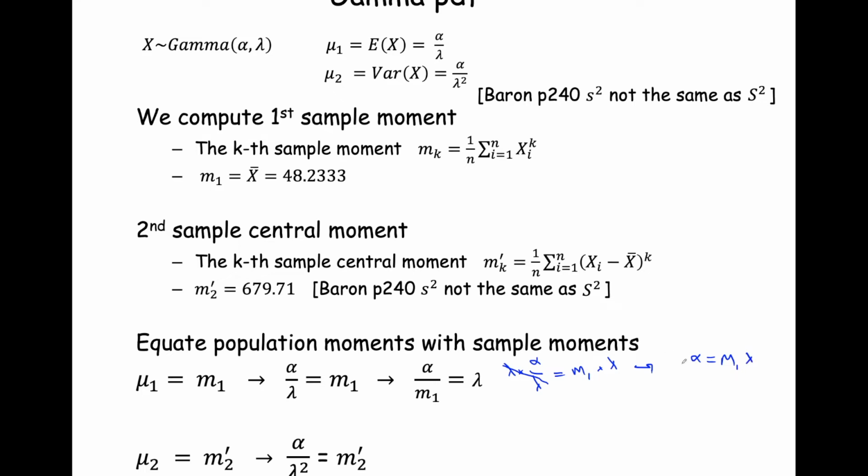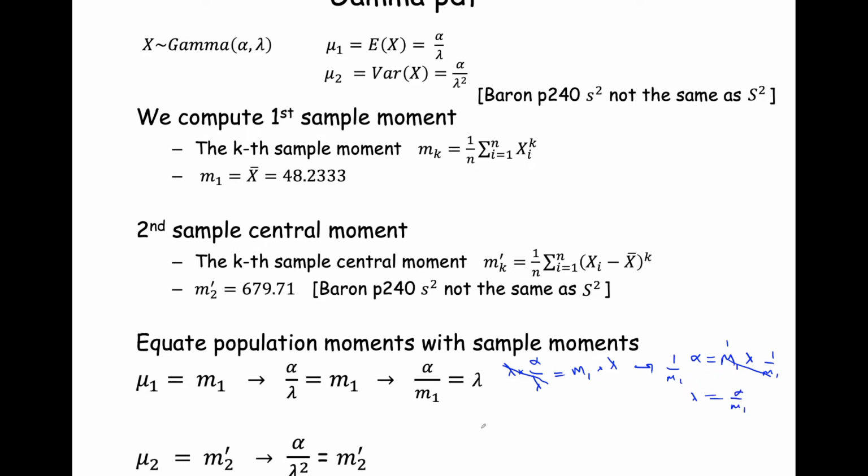Now we divide both sides of the equality by m1. So m1 in the numerator and denominator cancels, that goes to 1, and we're left with lambda is equal to alpha over m1.